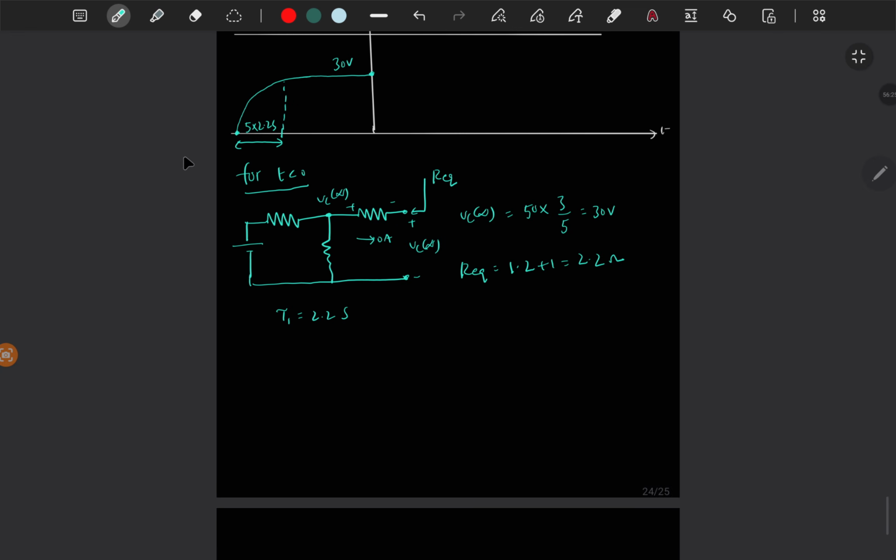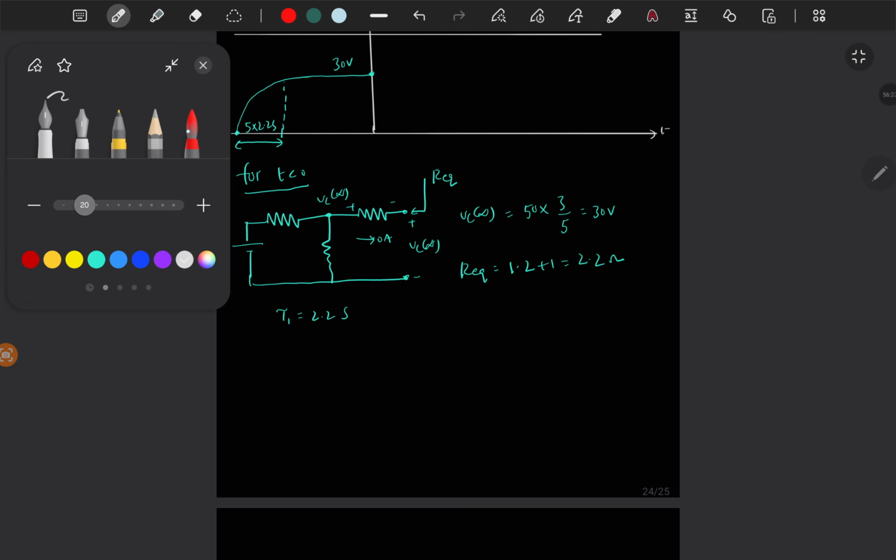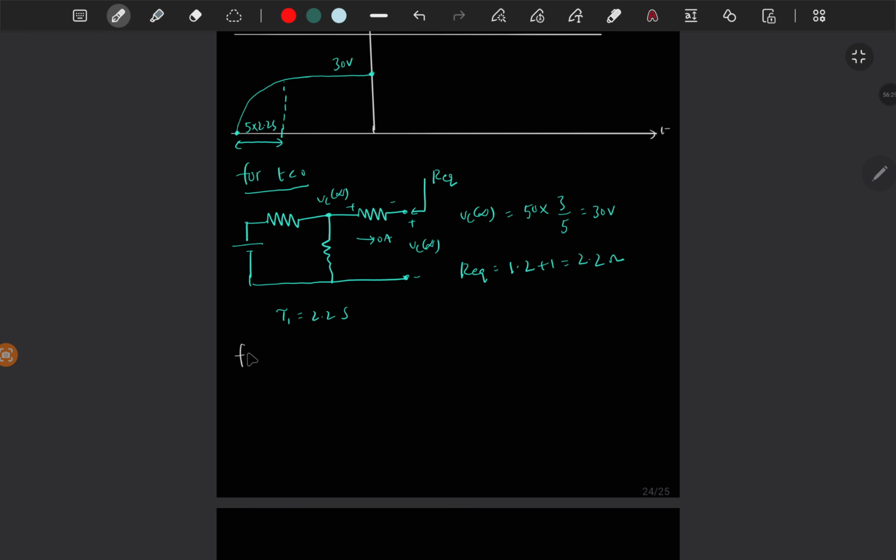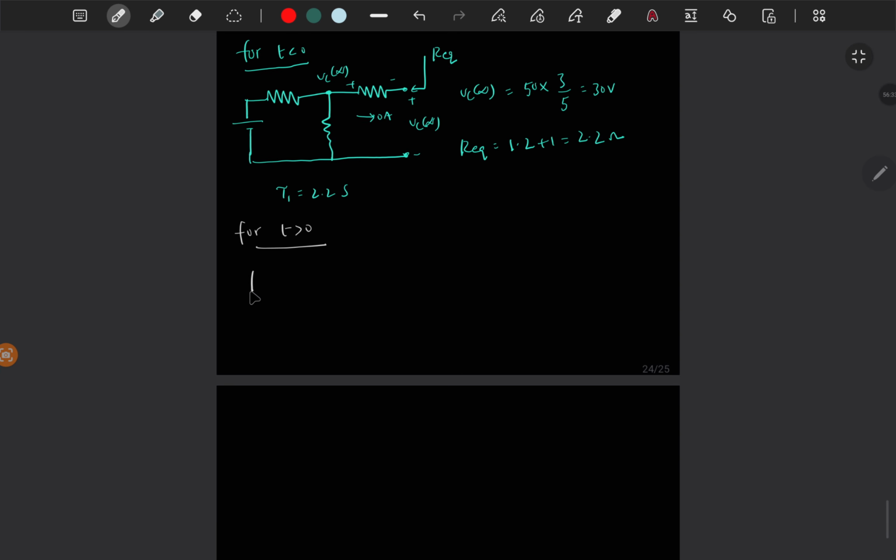So for t greater than 0 you have the same input voltage, but there is a short circuit across 3 ohms, and you have this and this.